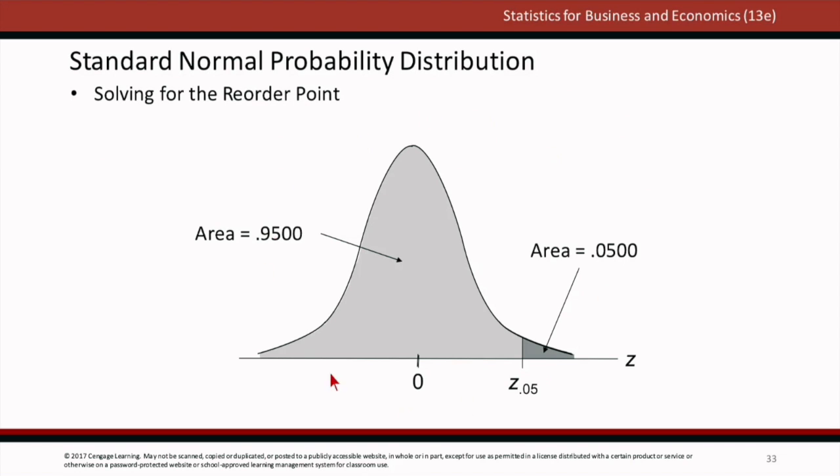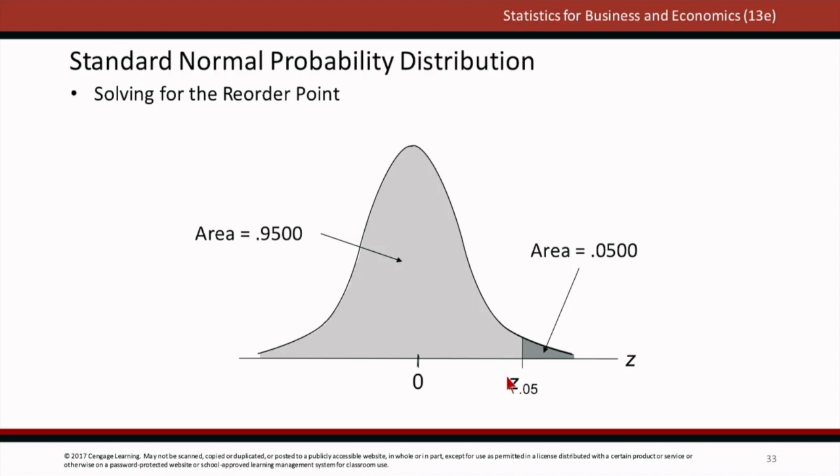So in pictures, this is the problem that we are trying to solve. We have the standard normal distribution. We know that the area to the right of a certain z-score is going to be 5%, and we call that z-score z sub 5%.